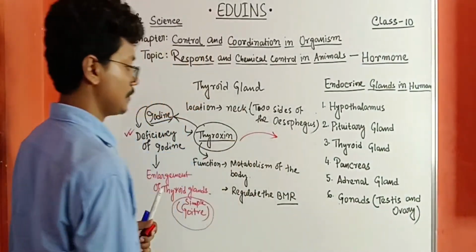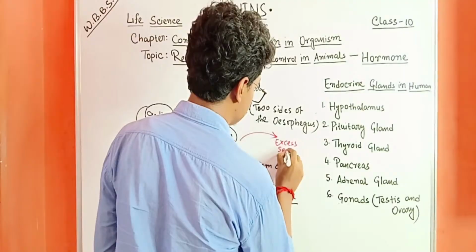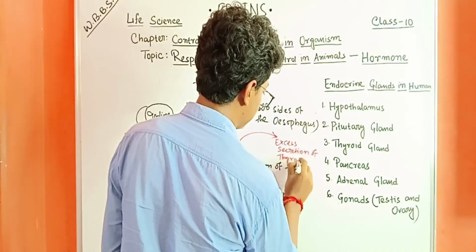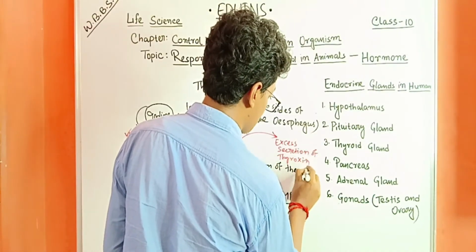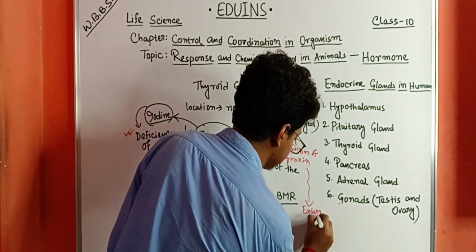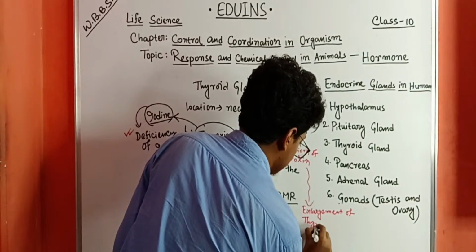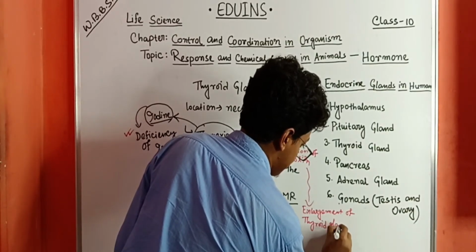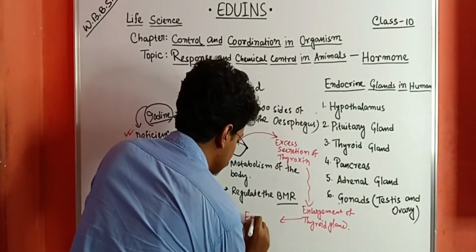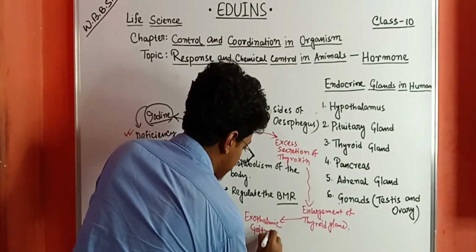One more condition is excess secretion of thyroxine, which also causes the enlargement of the thyroid gland. This condition is known as exophthalmic goiter.